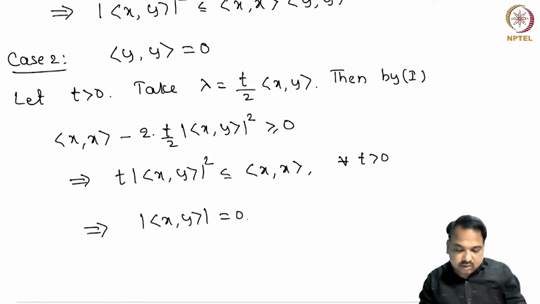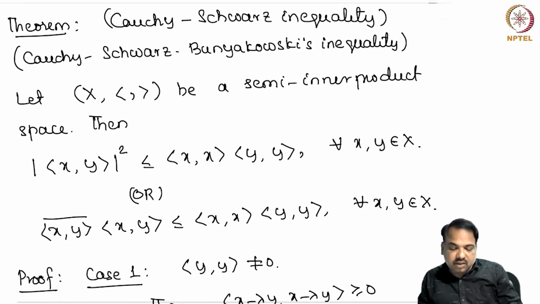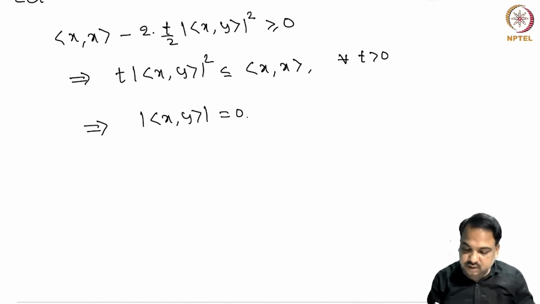This is what we want, because if the semi-inner product of y with y is 0, the right hand side of this Cauchy-Schwarz inequality becomes 0, and we have shown that the left hand side is also 0. This proves the Cauchy-Schwarz inequality.